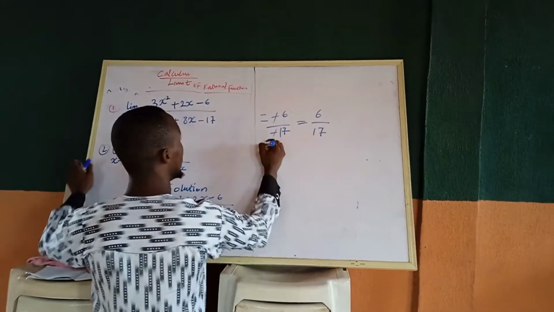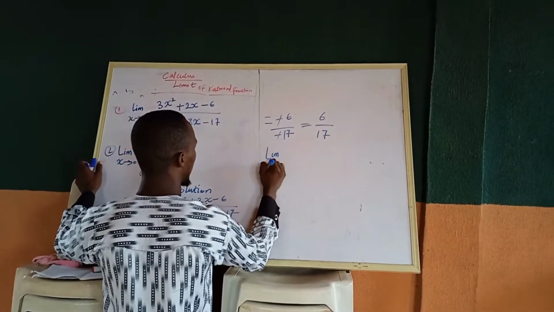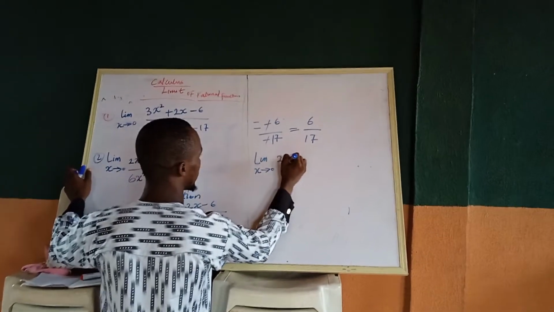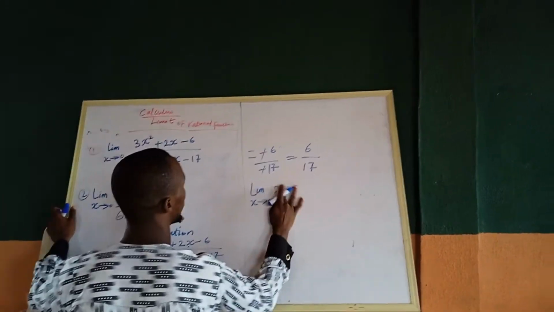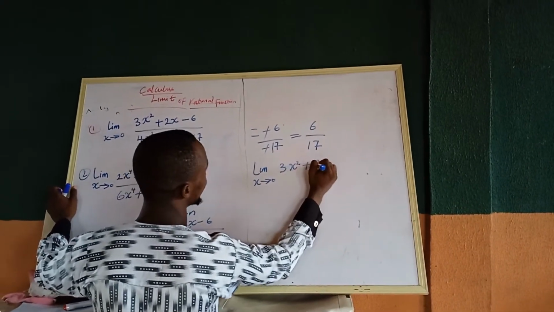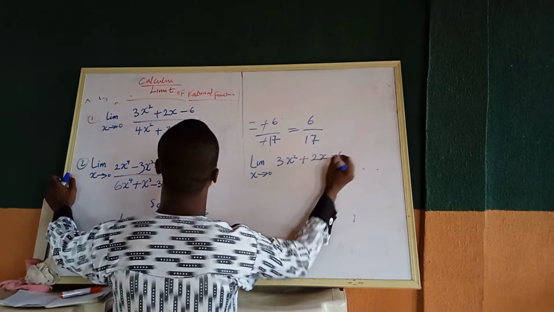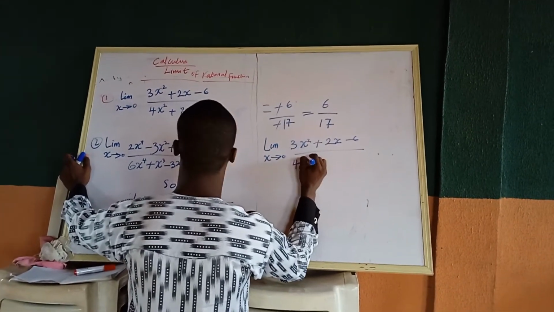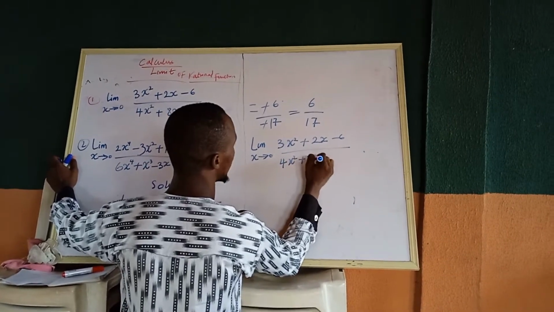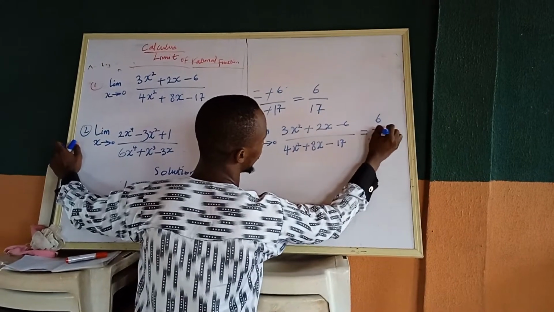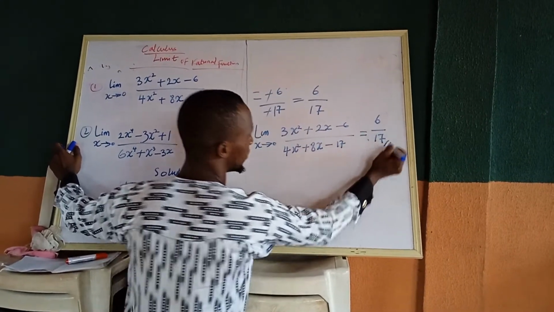So the limit as x tends to 0 of (3x² + 2x - 6) over (4x² + 8x - 17) is equal to 6 over 17.